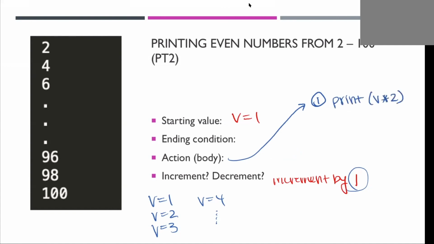That will inevitably give us only even numbers. But for the ending condition, instead of being up to 100, we can do while v is less than or equal to 50. This could work. So let's do this one, and then we'll come back and do the other one with if-else statements.